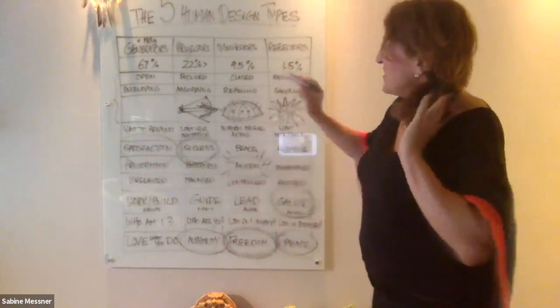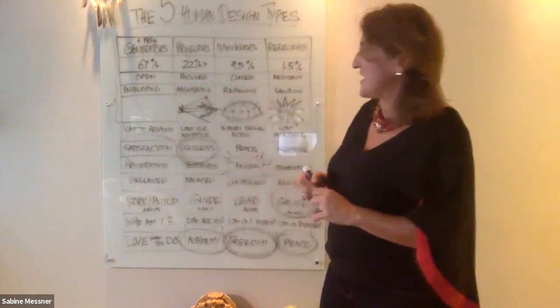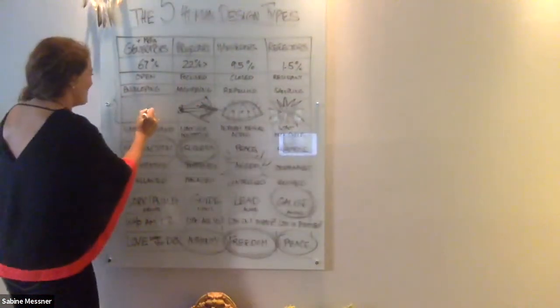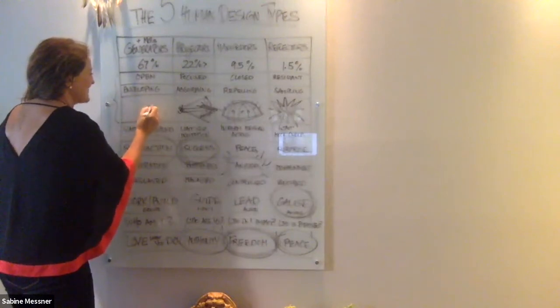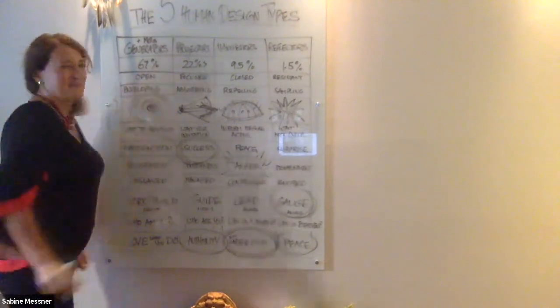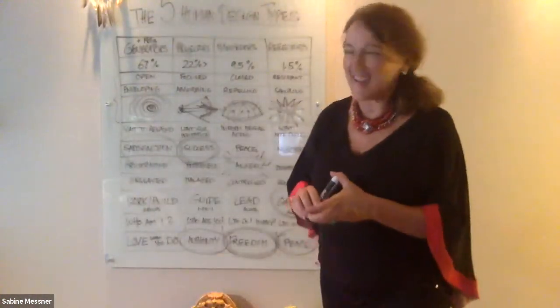Okay, so generators, 67% of the world population. Our energy is open and enveloping. Did I say this correctly? Enveloping? Okay, so it's like this. Isn't that attractive? It's a nice spiral there, right? You can see that.